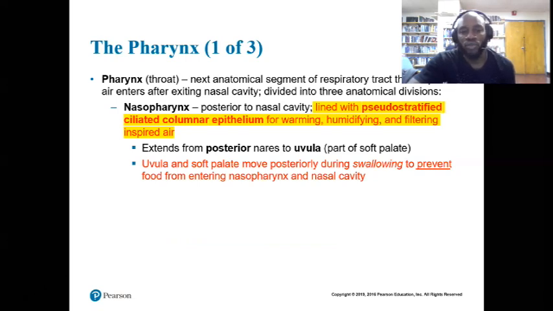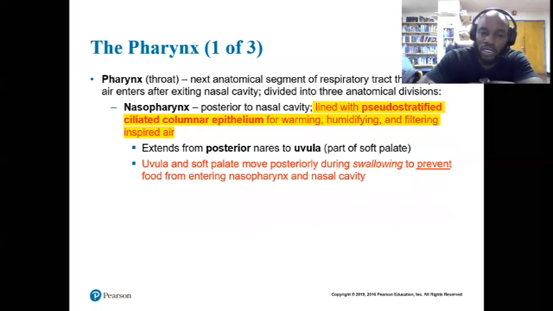Right? It extends from the posterior nares, so from the end of your nares to your uvula, which is in the back of your throat. That's your nasopharynx. The uvula is a soft palate, and the soft palate moves posteriorly during swallowing. And there's a neat video on this if you look at YouTube.